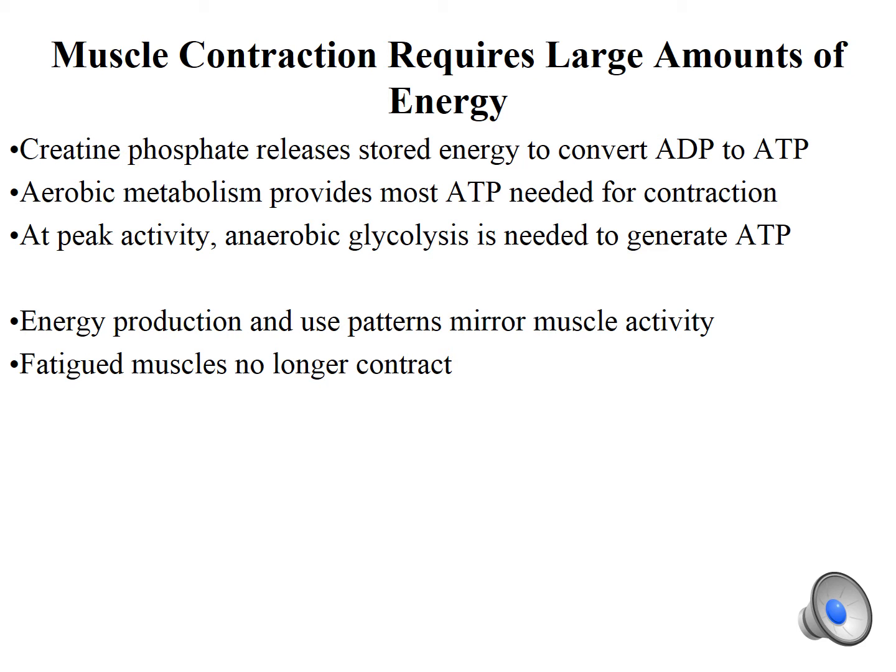But remember the difference between anaerobic respiration and aerobic respiration: anaerobic respiration produces 2 molecules of ATP, aerobic respiration produces 36 to 38. So it's not going to produce enough ATP in the long run. And at some point, your muscles will essentially stop being able to contract.